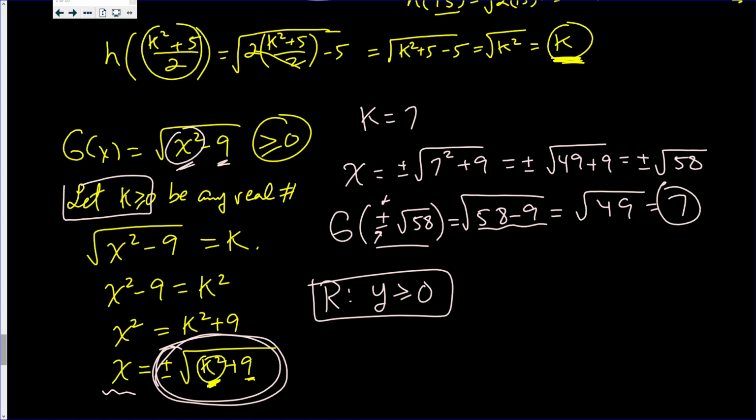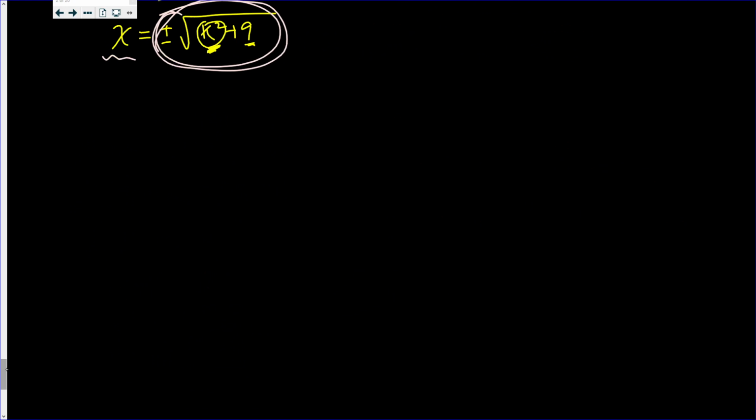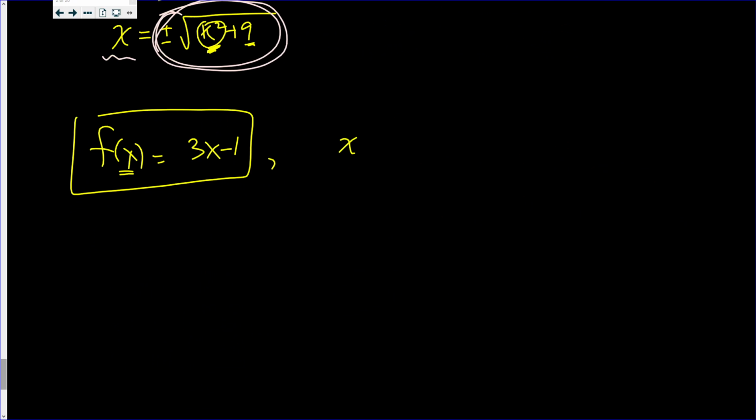Now, let's change the game a little bit. Suppose I tell you that f of x is 3x minus 1, but the domain is not all real numbers. Because right here, just given this, the domain is all numbers. Why? Because I can multiply any number by 3, and then I can take away 1, and I'll get an answer.